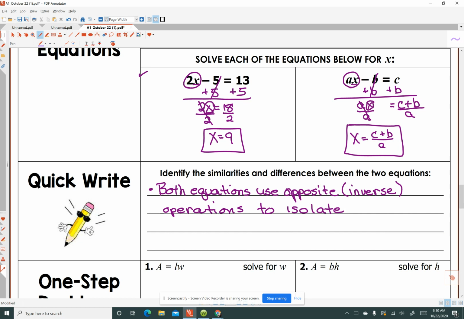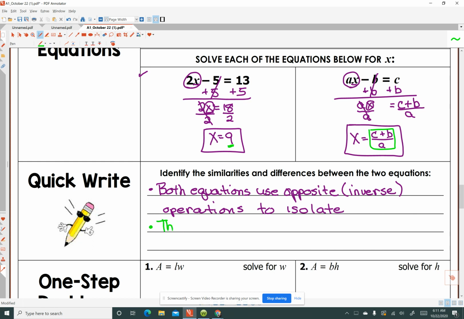And another way that they're different, and if we look at our answer here, we have x equals 9. Here we have c plus b, the quantity of c plus b being divided by a. And that's a way that they're different in that a literal equation does not simplify nicely because we cannot combine those multiple variables.